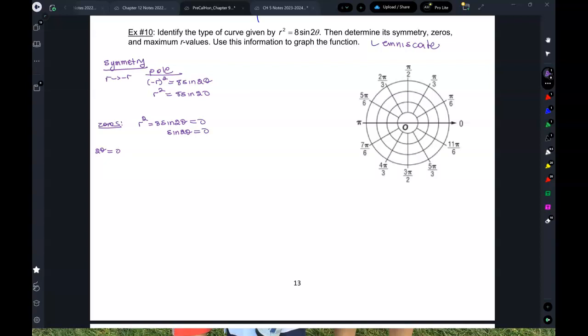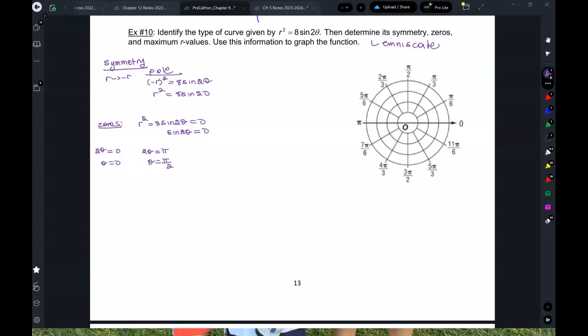I want you to find all of the points where r is equal to 0 on the interval 0 to 2 pi. For example, 2 theta equals 0, theta is 0. 2 theta equals pi, theta equals pi over 2.